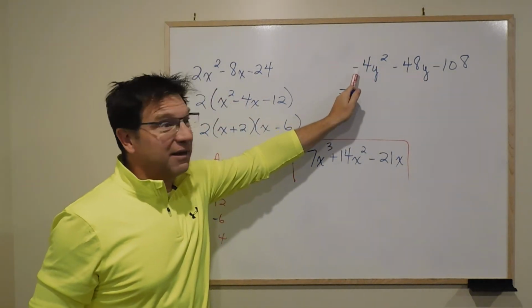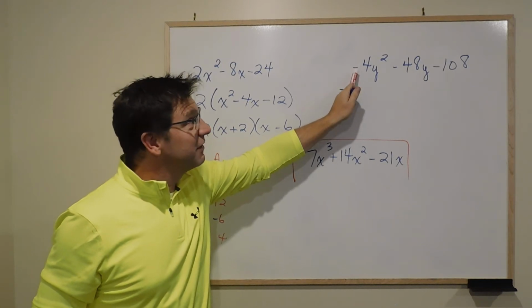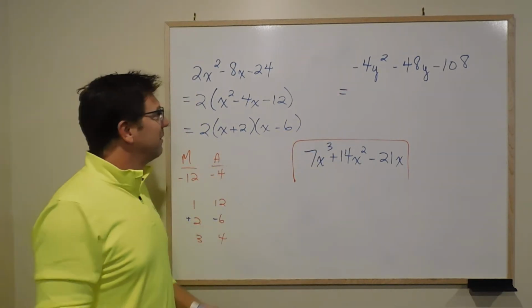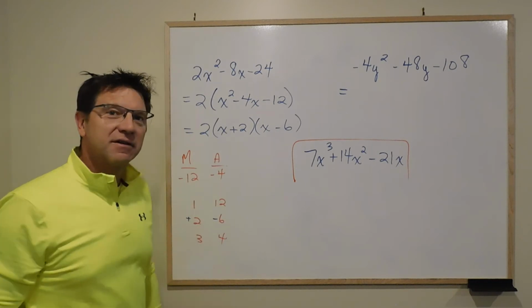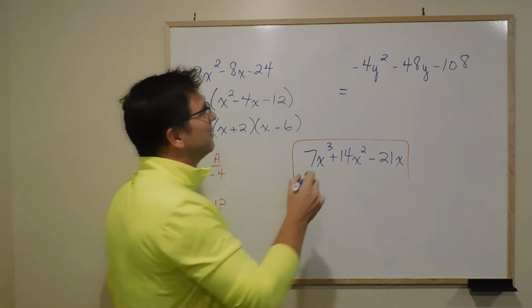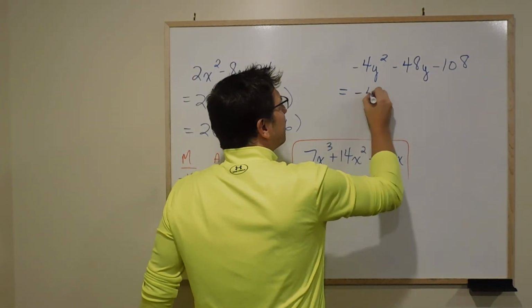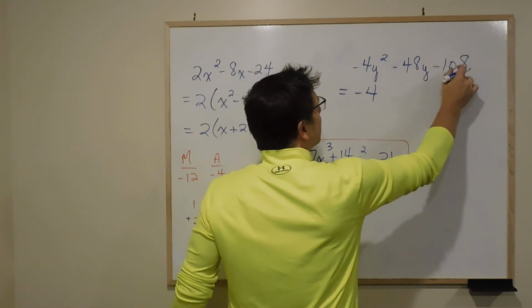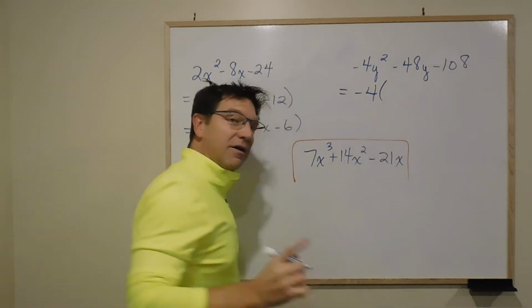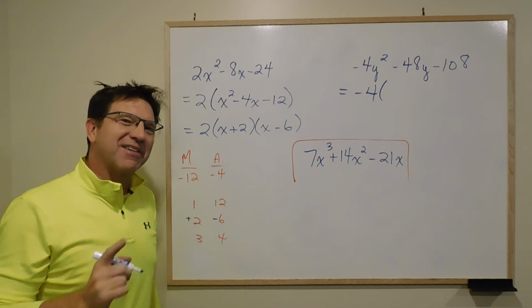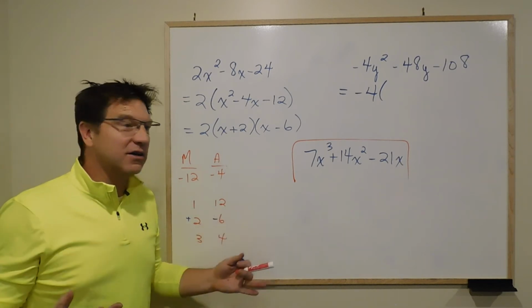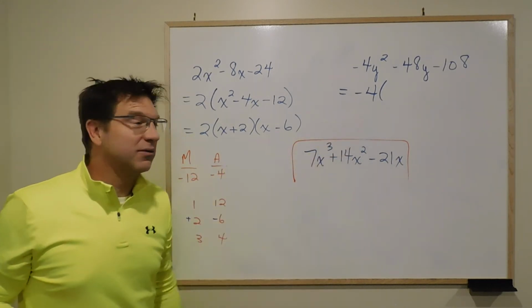I'm going to use a negative common factor if the first one is negative, because what I'd really like is a positive inside the bracket. So I'm going to use negative 4, because I know that 4 goes into all of those. Negative 2 also goes into all of them, but that's not the greatest common factor. It's not the largest number we can use, right?